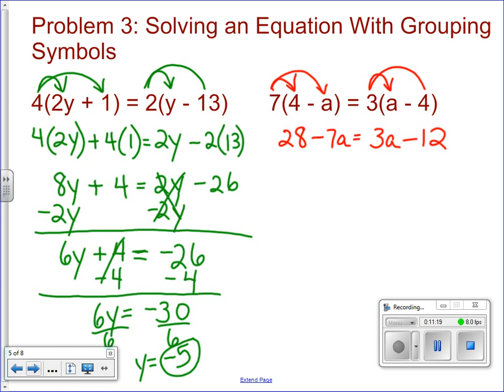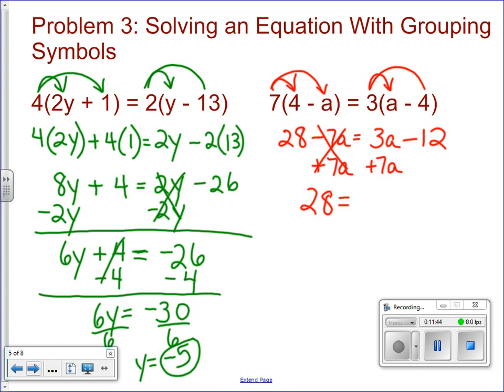Now, in this case, I'm going to add 7a and move it to the right-hand side. Also, when you're doing this, please show what operation you're using. Don't just write 7a, put plus 7a. Minus 7a plus 7a is 0, so 28 minus 0 is 28.